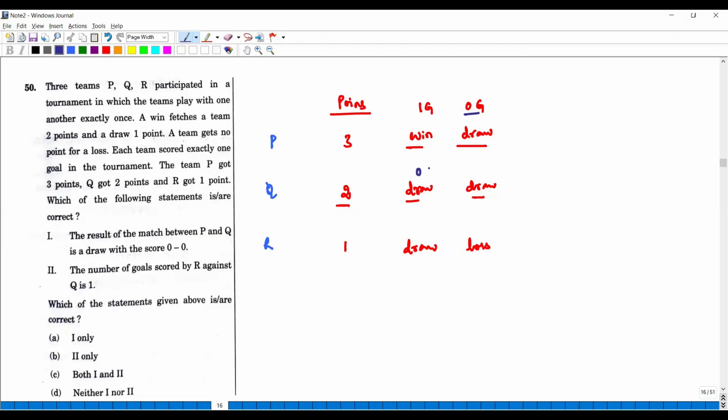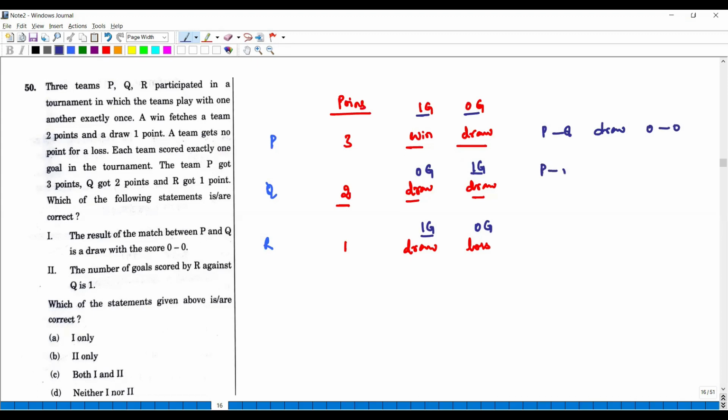Draw, if I match it, it is 0 goal, but 1 goal. 1 loss is nothing but 0 goals. So I'm taking 1 goal here, 1 goal here, 1 goal. So if I take P and Q, the match is draw and it is 0-0.